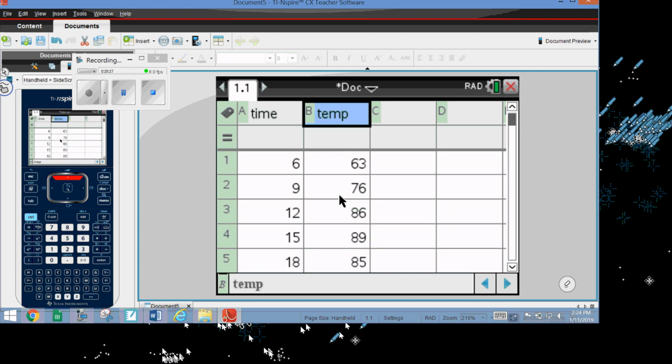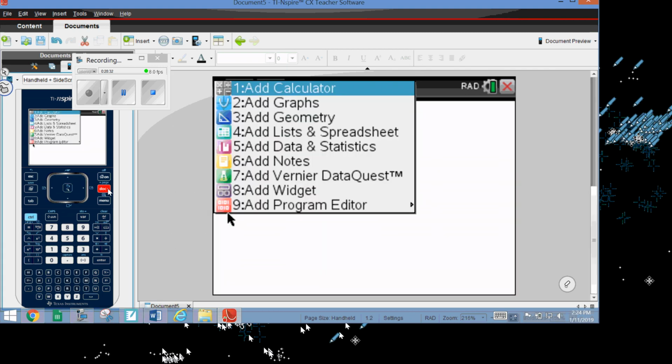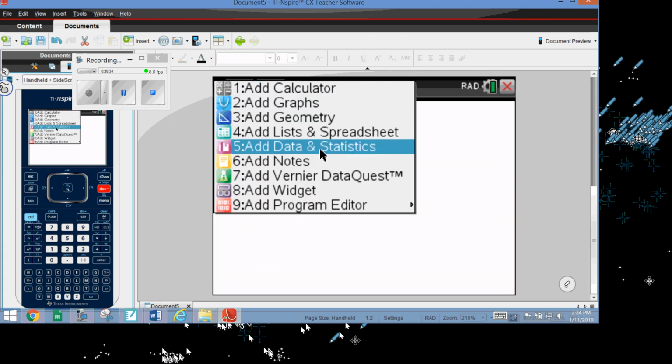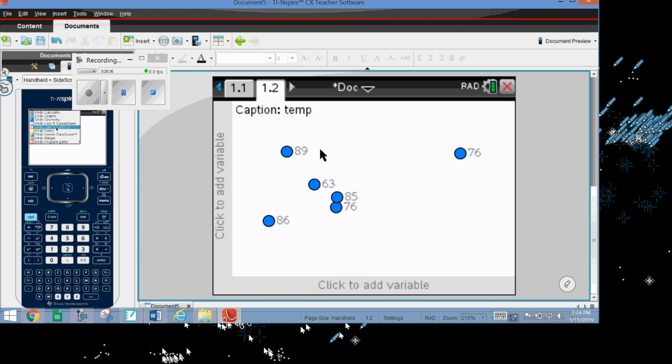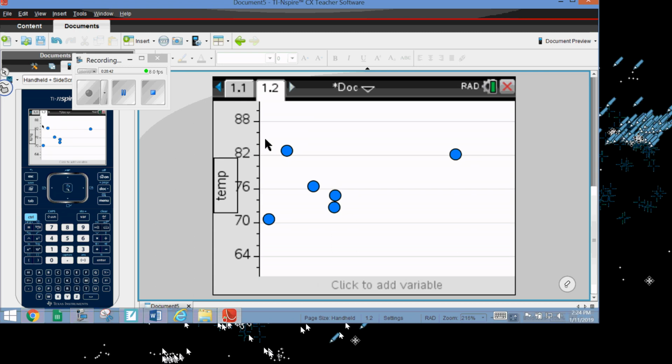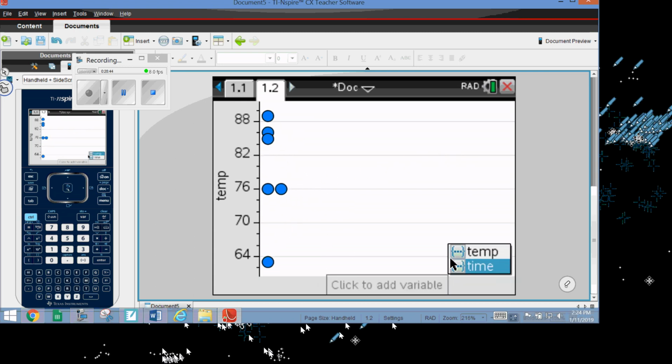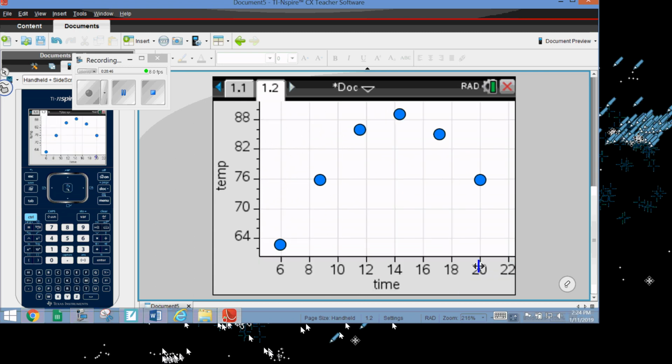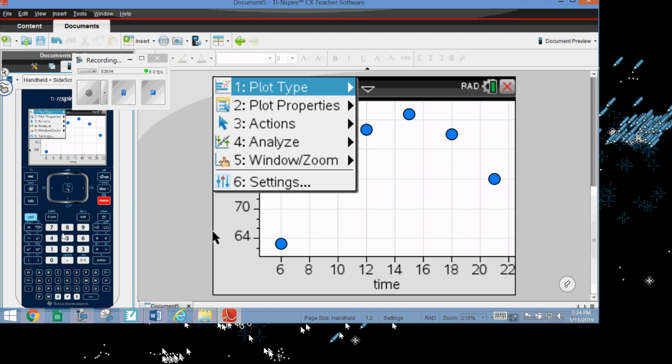So what am I going to do? Control, Documents, Statistics, and I'm going to put temperature here, and then time here. We got the graph, and what was next? Menu 464.